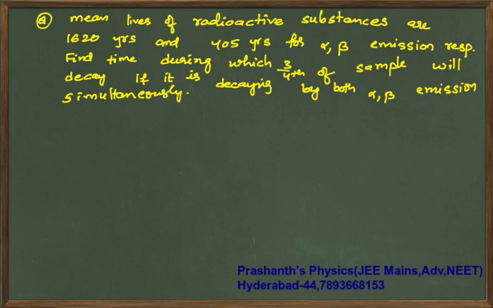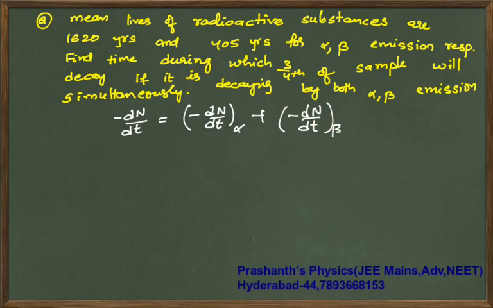Now if you try to do the answer, your net decay of nuclei is the rate of disintegration of alpha plus the disintegration of beta, because alpha and beta are both going simultaneously. So your effective decay constant times N is lambda alpha N plus lambda beta N, where N is the number of nuclei present.